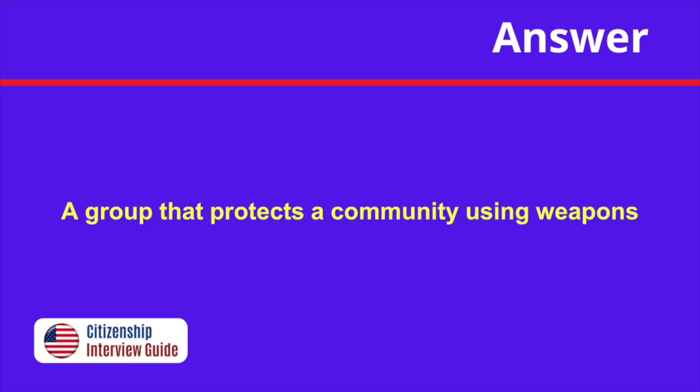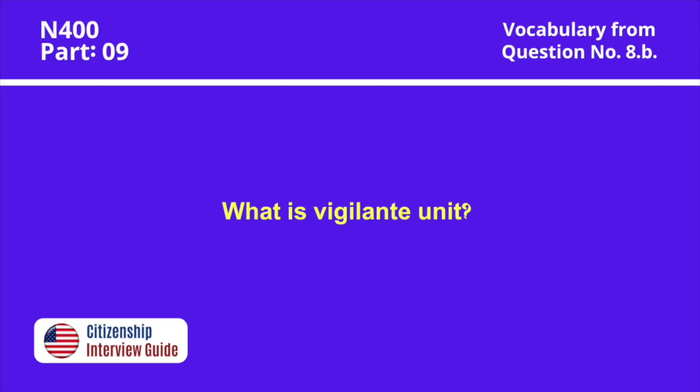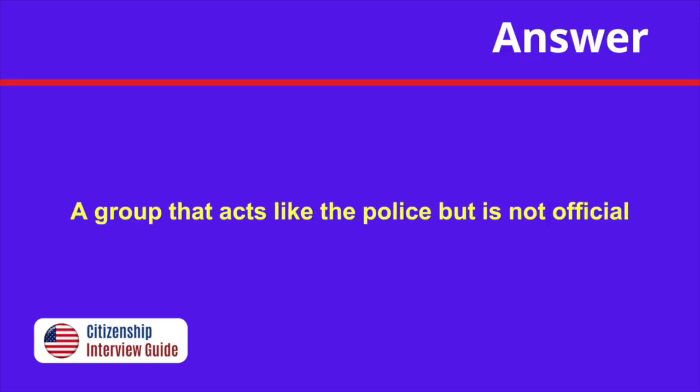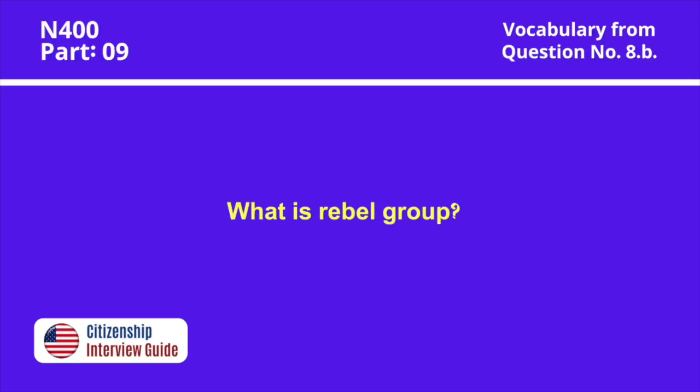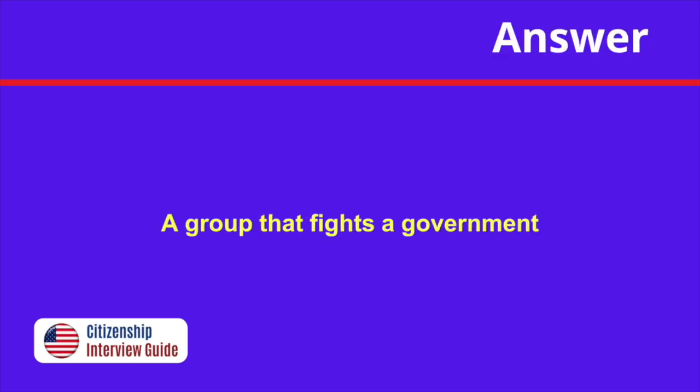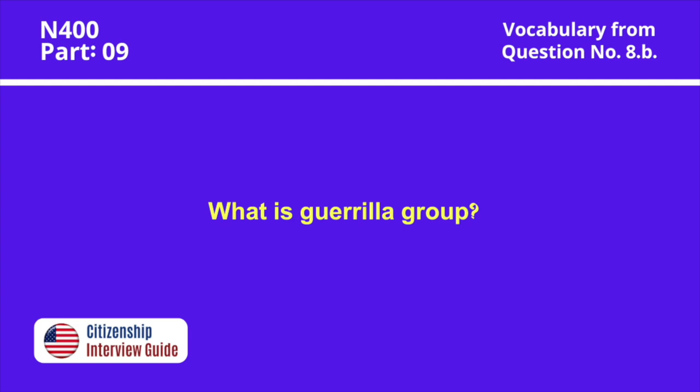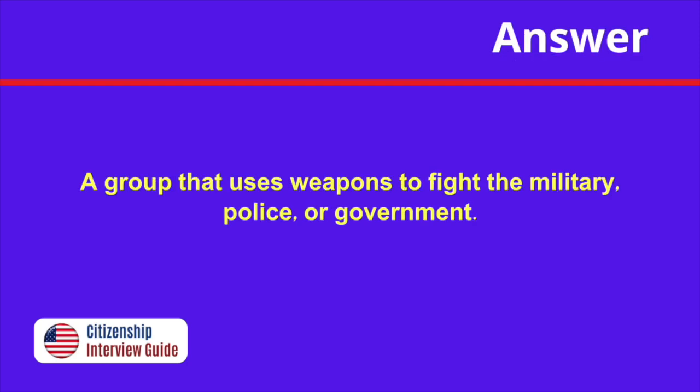A group that protects a community using weapons. What is vigilante unit? A group that acts like the police, but is not official. What is rebel group? A group that fights a government. What is guerrilla group? A group that uses weapons to fight the military, police, or government.